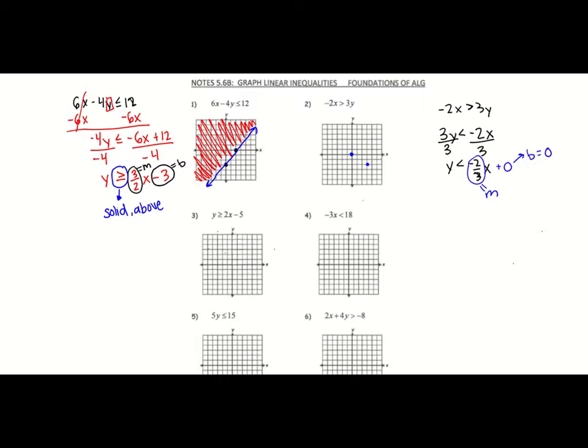Next, I'm going to look at my sign. My sign is less than, so that means I'm going to have a dotted line.